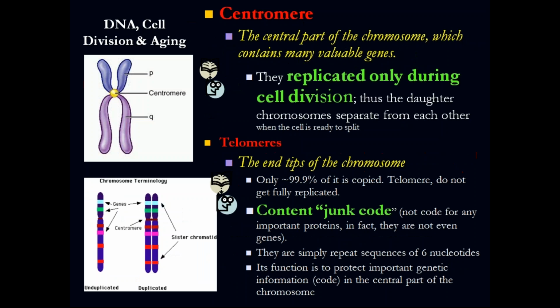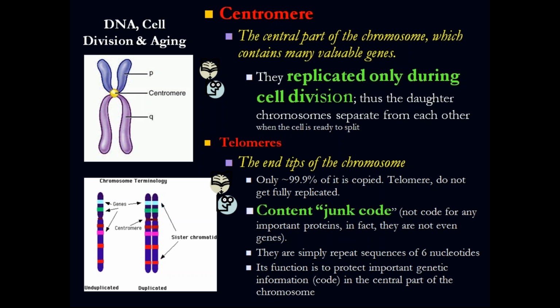Another thing we need to remember is the telomeres. The telomeres are the tips of the chromosomes. They also contain information that is not important; they are not going to produce important proteins. But it's known that with time, when cells replicate, your cells are not the same all the time. They are going to change during the years.